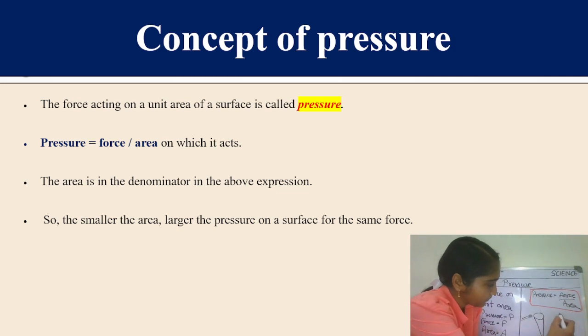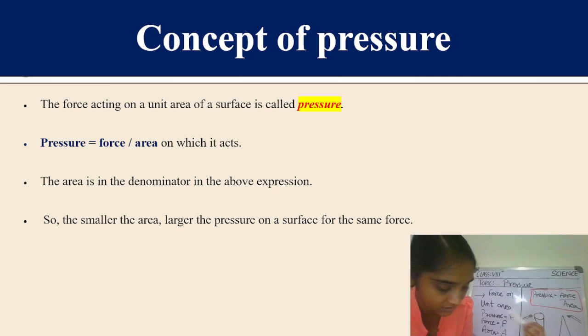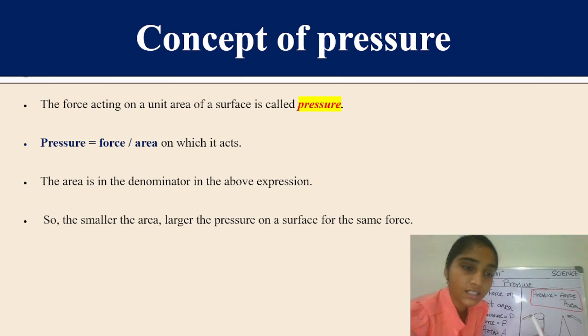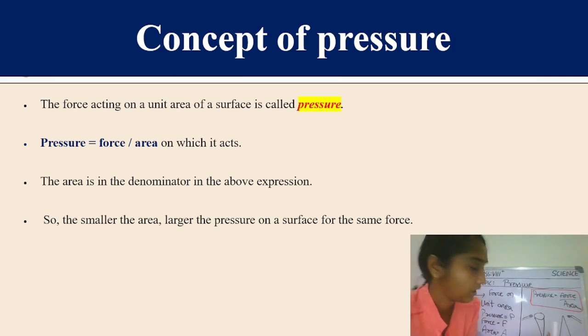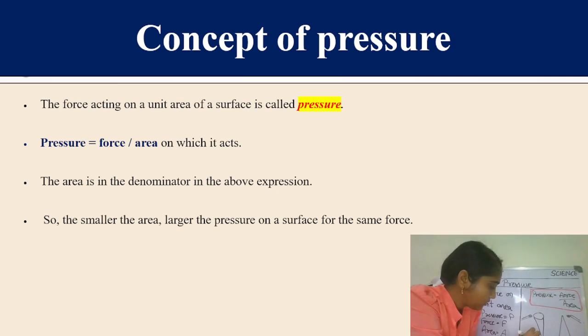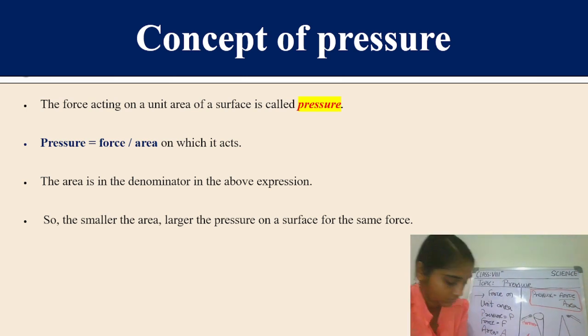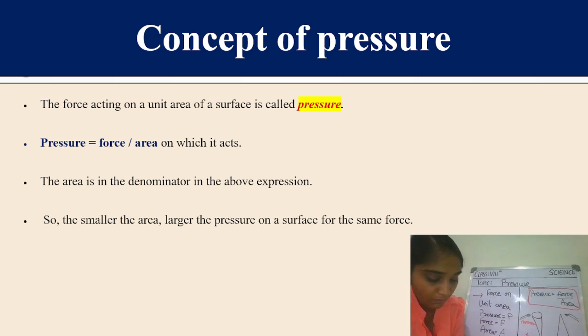Now where will it be easier for us to put this iron nail on the wall or on any wooden plank? You can write: this is the iron nail, and this is the hammer. Yes students, so pressure will be more in which case?